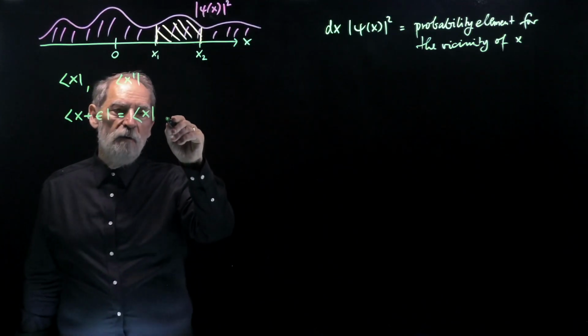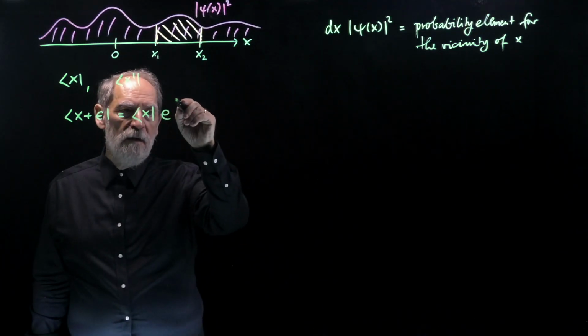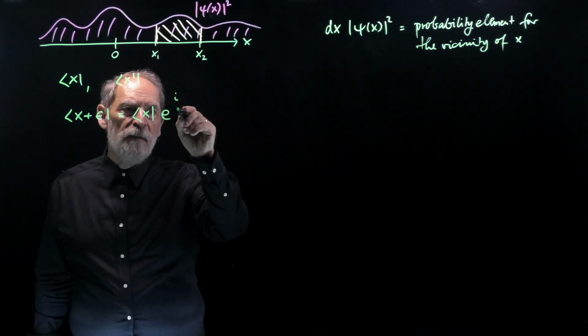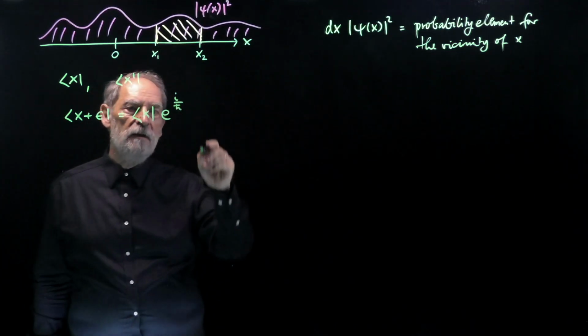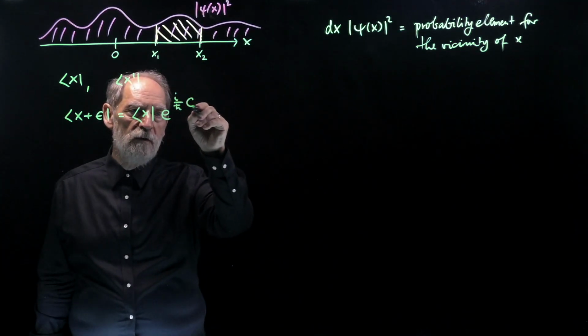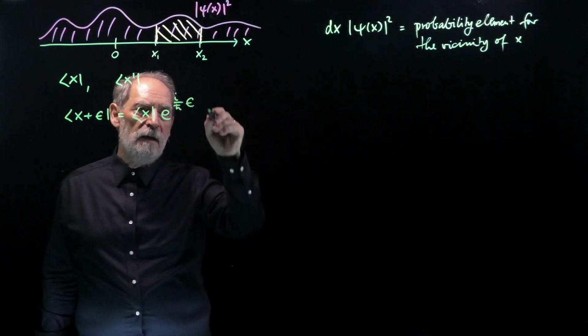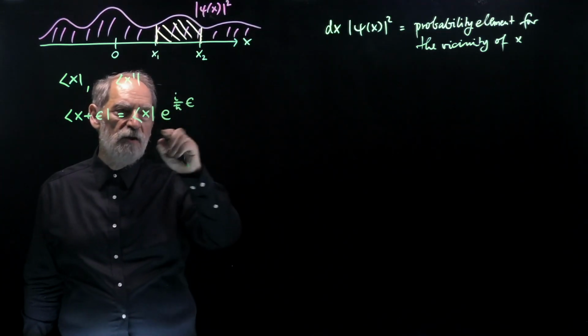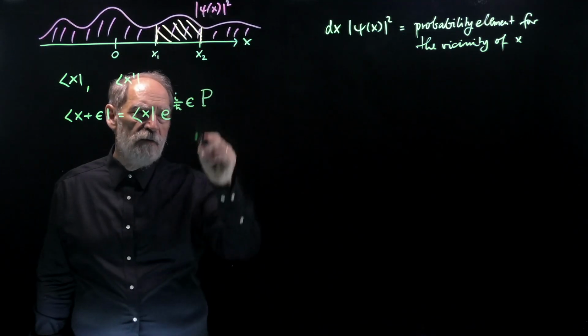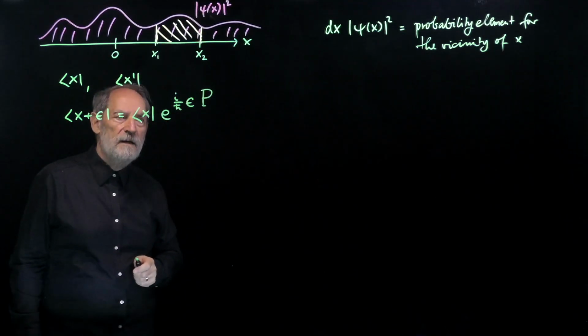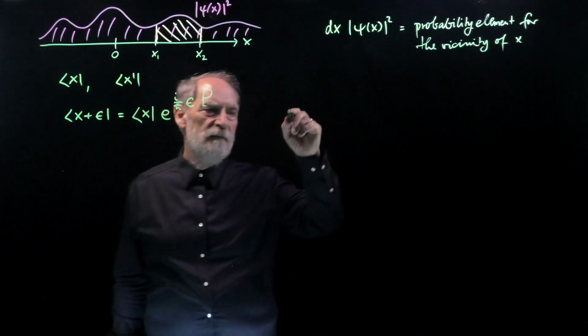Now this unitary operator will be of the form e to the i times a Hermitian operator. And this Hermitian operator should be proportional to this epsilon, and then it's shifting position. So we borrow terminology from classical mechanics and call this the momentum.